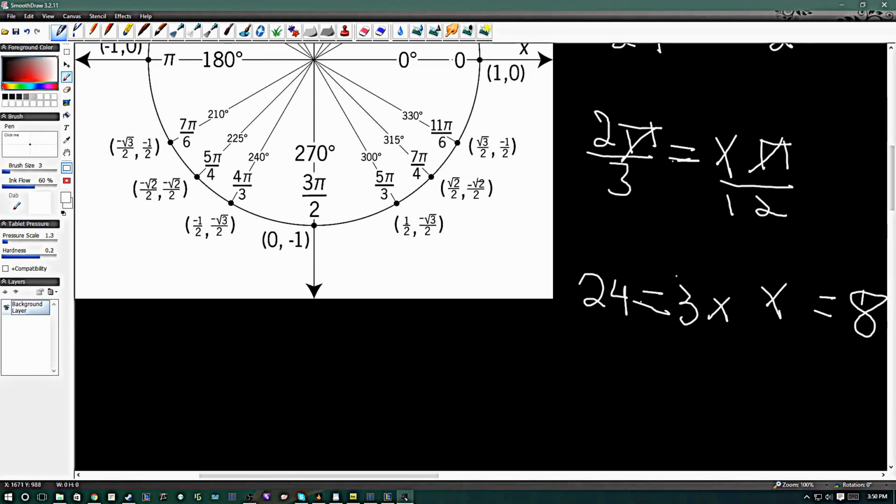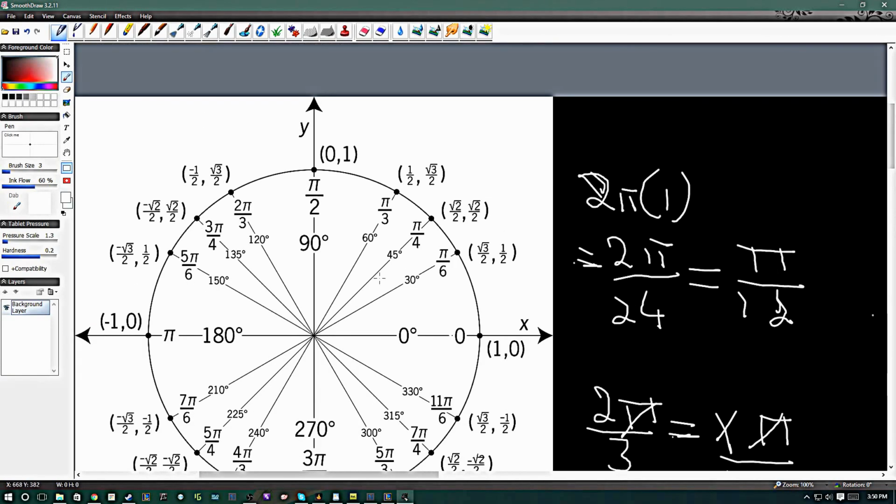So we know that there's 8 15-degree radians, so we can just multiply 8 by 15, and that gives us 120 degrees, which is what 2 pi over 3 is equal to.